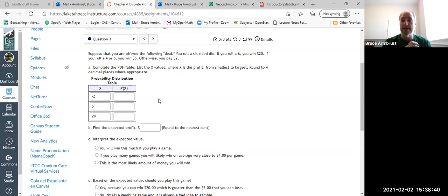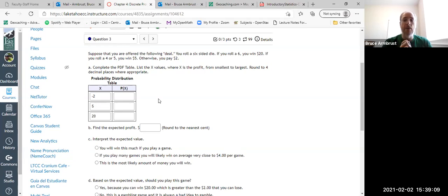The other ones are positive though, right? In fact, quite positive. I like getting 20 bucks when I roll the 6. All right, so those are going to be the x's. Anytime you have a probability distribution table, what you want over there with the x's are your possible outcomes. And in this case, the possible outcomes are we're down $2, we're up $5, or we're up $20.